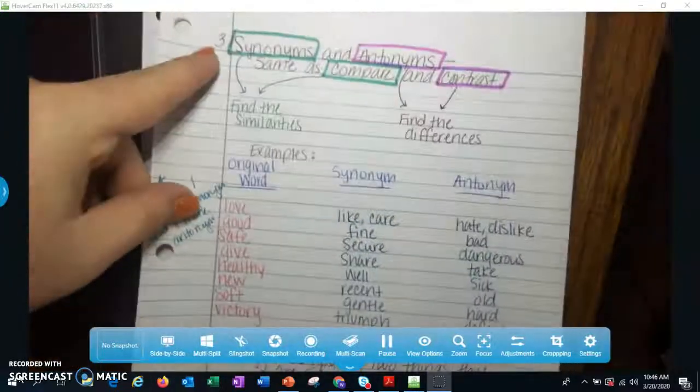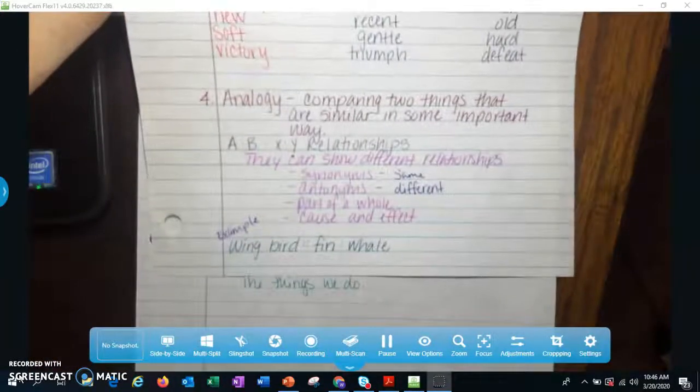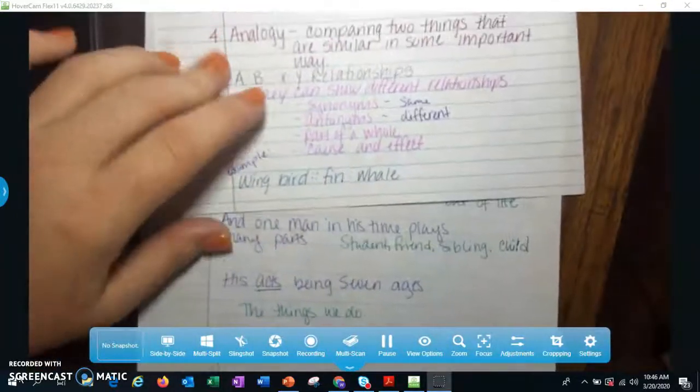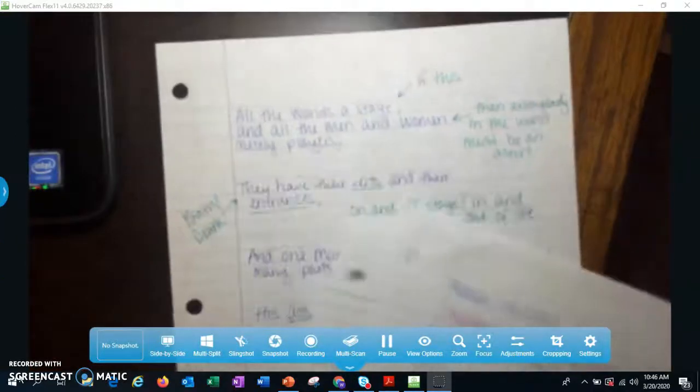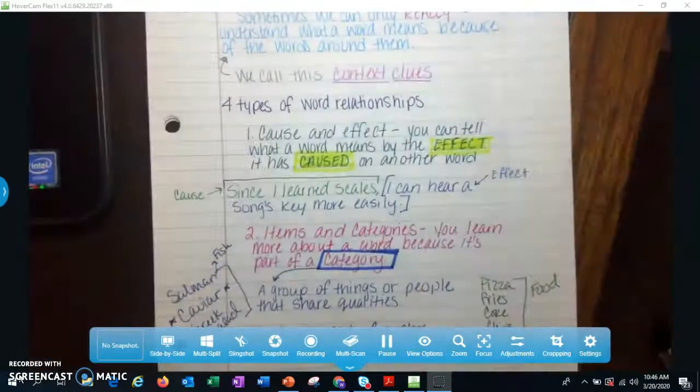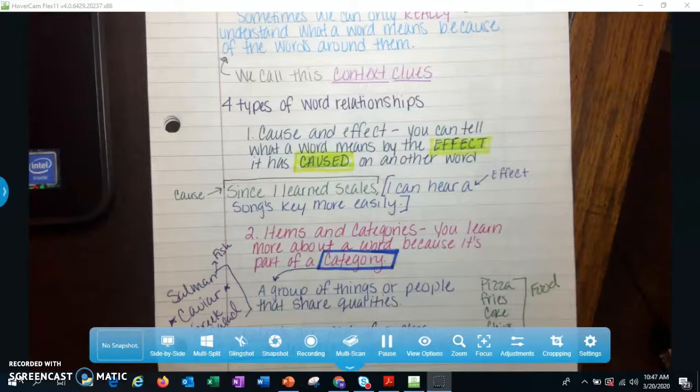You're going to look for synonyms and antonyms. And you're going to look for an analogy. The one that you're probably going to have the hardest time finding is analogy, but that doesn't mean you can't find it, okay? So what you'll do, you're going to go in, read that, and then in the Google Classroom assignment, labeled with the same name as the article, you'll go in and you'll type in your findings, okay?